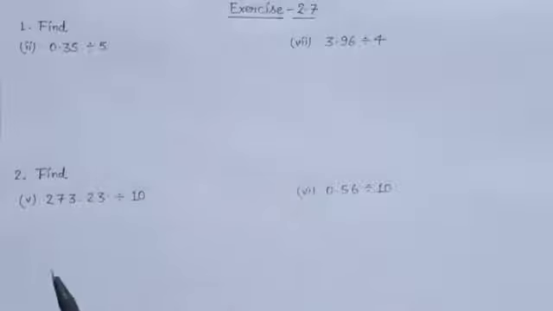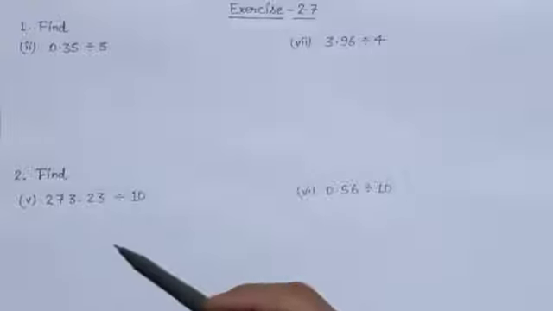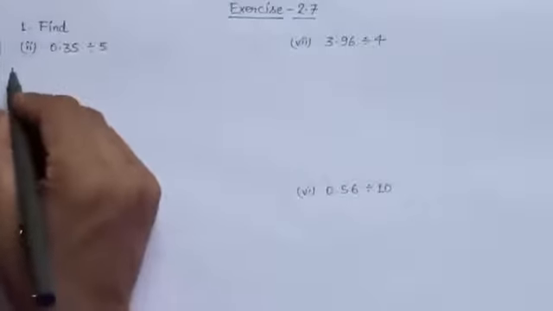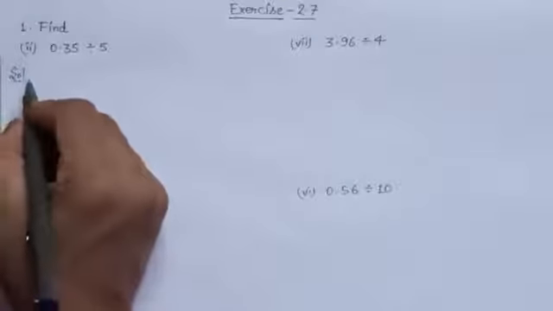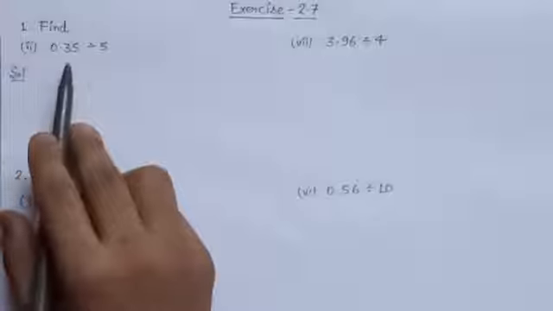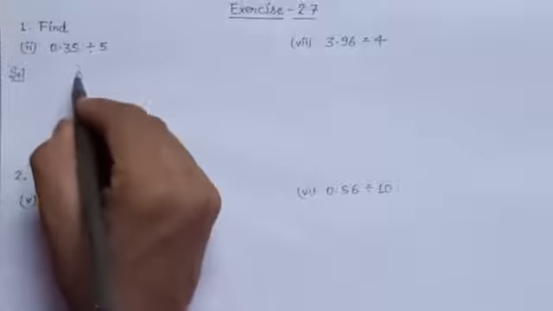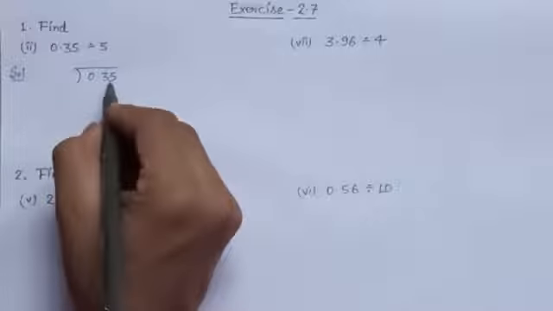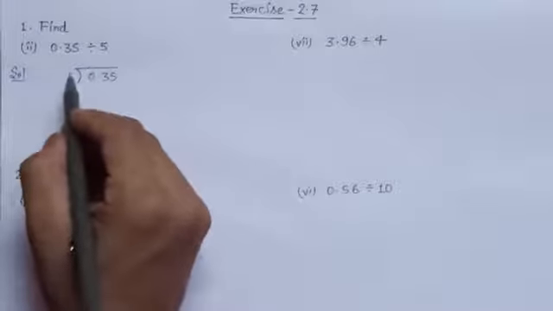So we must follow the steps that we have learned. So let us solve each part. The solution. So here you can see we have the dividend as the given decimal 0.35 and the divisor as 5.